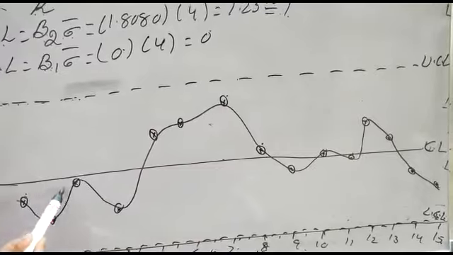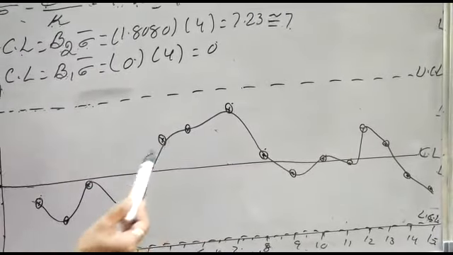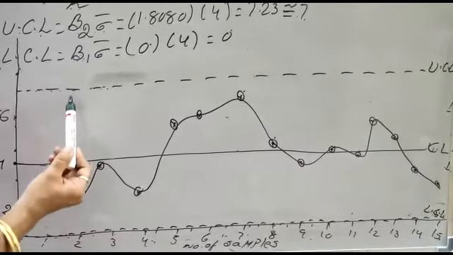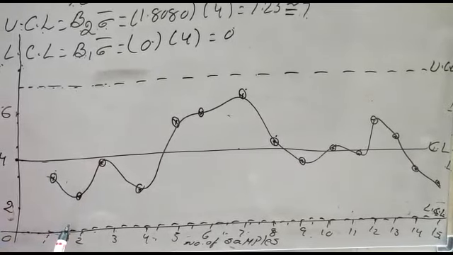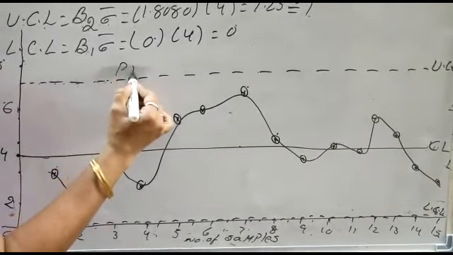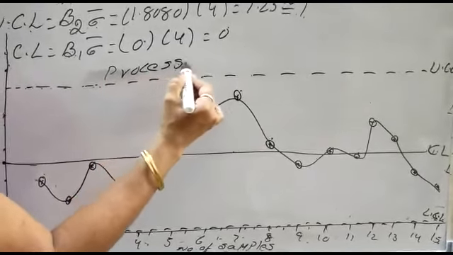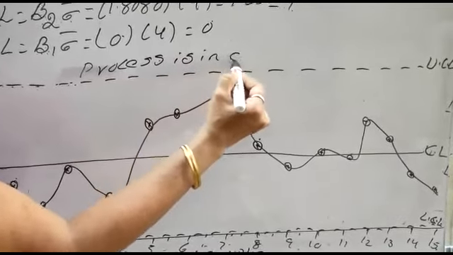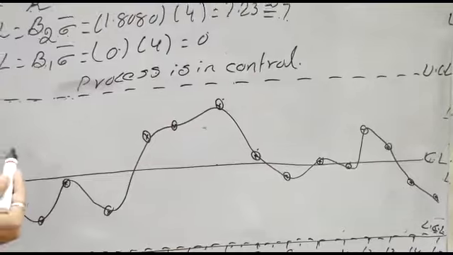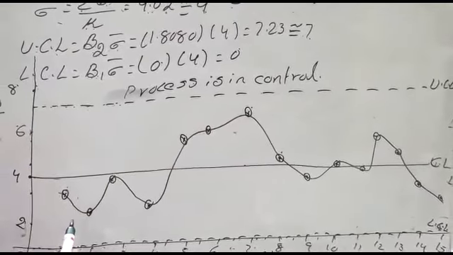Now if you observe the shape of the curve, from sample 1 to 15, no point goes out of the LCL and UCL. Therefore, you can say that this process is in control. According to the problem, for the standard deviation chart, the process is in control. Therefore, both the mean chart and the standard deviation chart are in control.